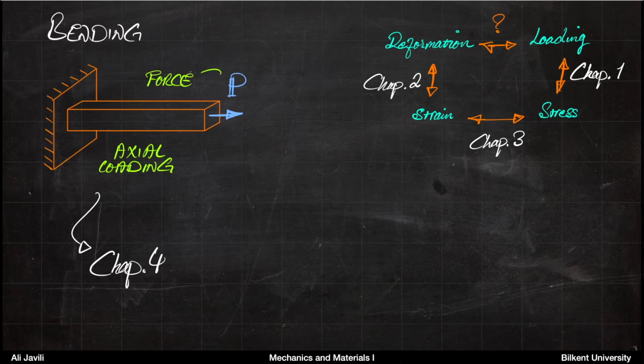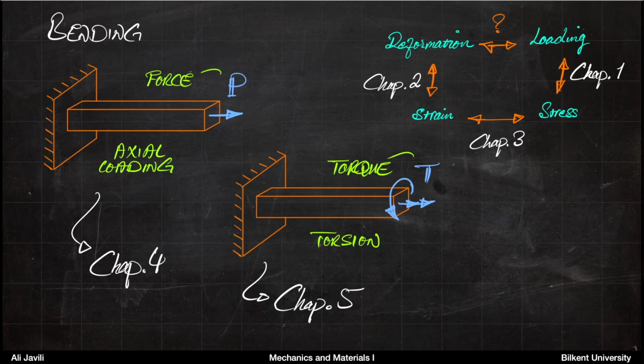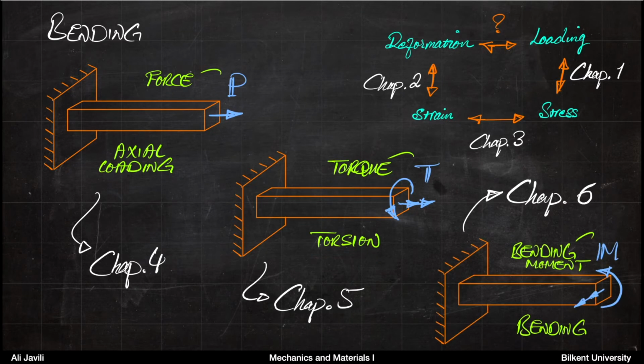Then in chapter 4, we talked about a particular type of problem, axial loading. In chapter 5, we talked about torsion. We had 4 lectures also on the topic torsion. Now, we will have 4 lectures on the topic bending.